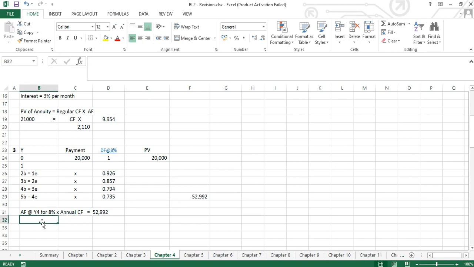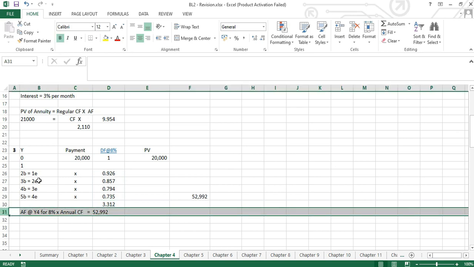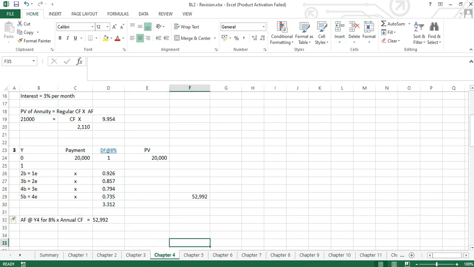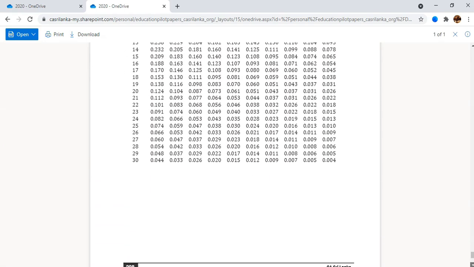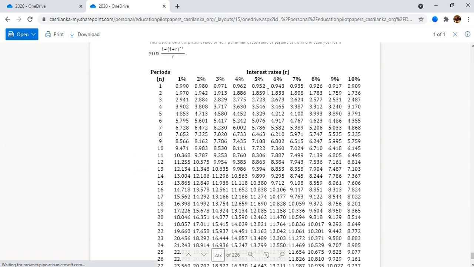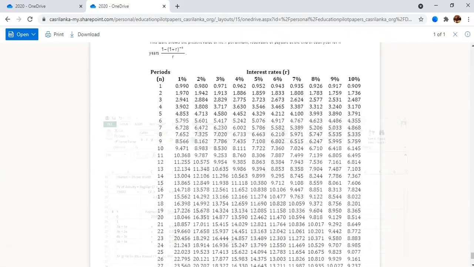Then the annuity factor for year 4 at 8% is basically the total of this. The total is, as you could see, 3.312, and if you check the annuity factor table at 8%, the fourth one is 3.312.